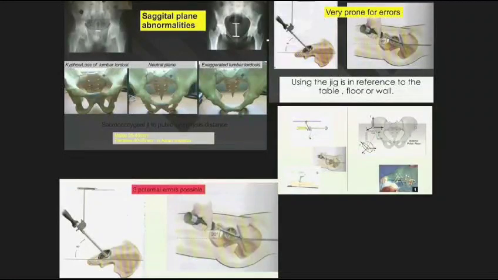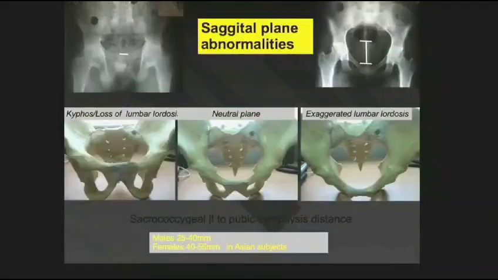When the pelvis is tilted anteriorly in standing position, that is normal, and you will not do any adjustment for that. But if the pelvis is tilted posteriorly in standing position, then in that case you have to reduce anteversion. So this is what you should know. I can show how it is in the next few slides.